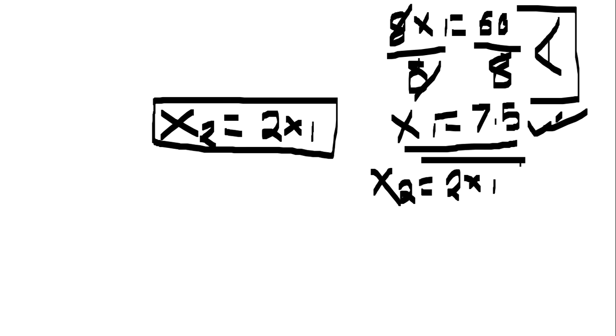So this is the application of constraint optimization. 15 units of x2. Okay, so this is how we apply.